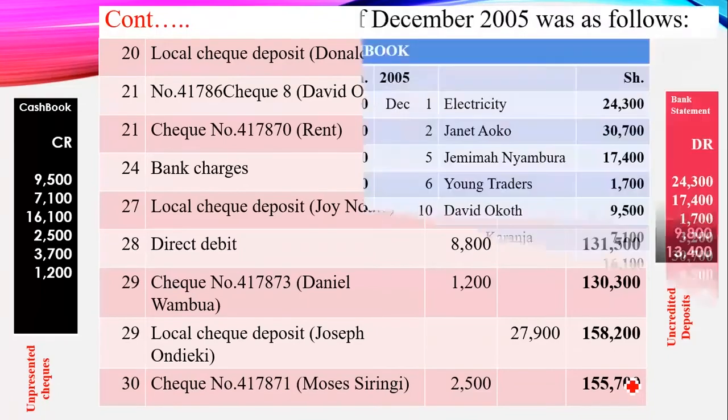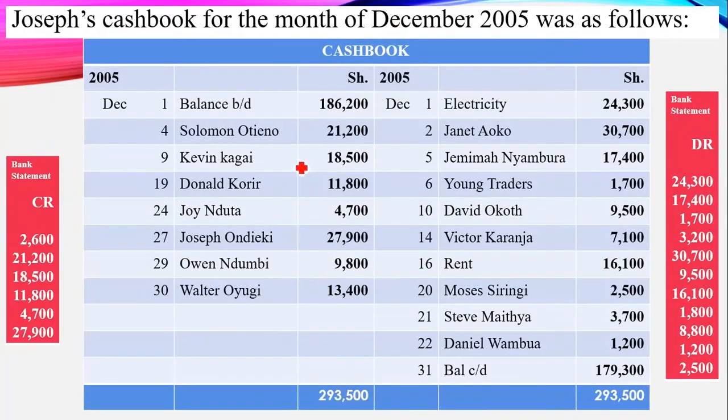So let's check the cash book. Joseph Kahiga's cash book for the month of December 2005 was as follows. This is the cash book. So check on the cash book. We have the debit side and we have the credit side. So ignore these ones, they are not part of the question. I'll show you where to use them.